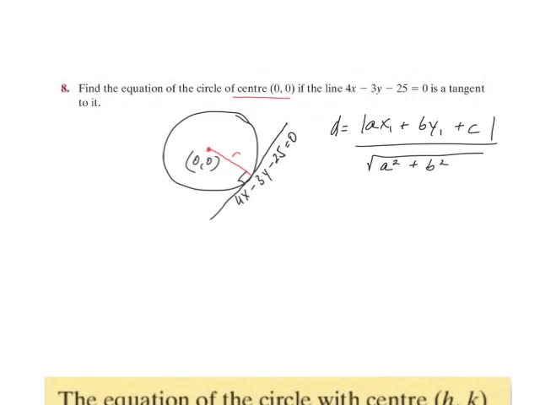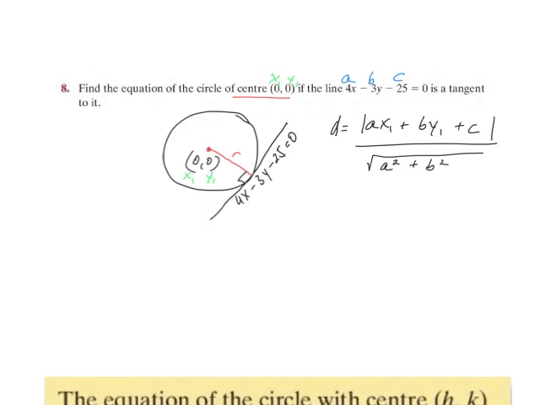So our 4 is A, our B is minus 3, our C is minus 25, and for our point, x1, y1 is 0, 0. Let me write that up here. x1, y1 is 0, 0. That's the distance between a point and a line.